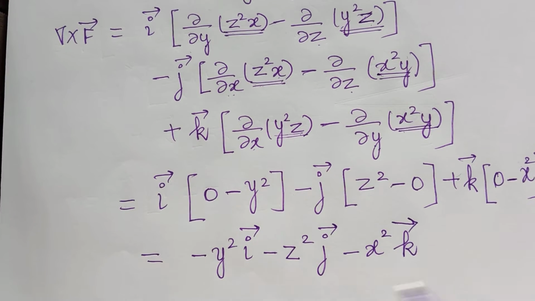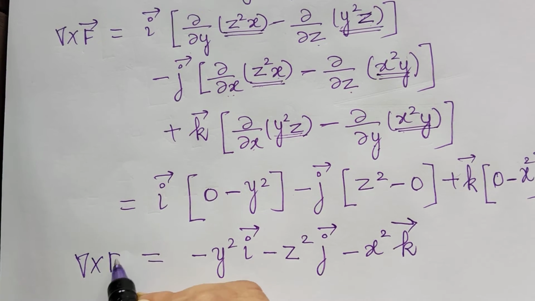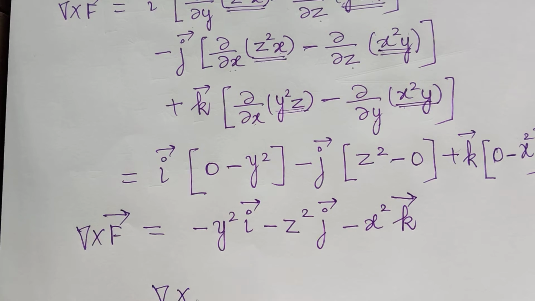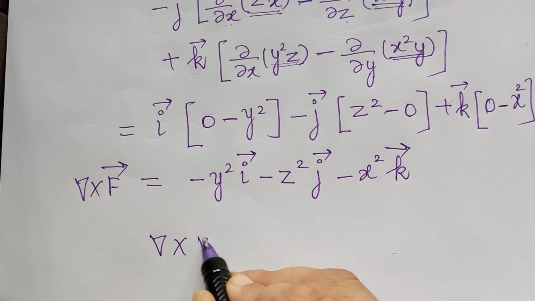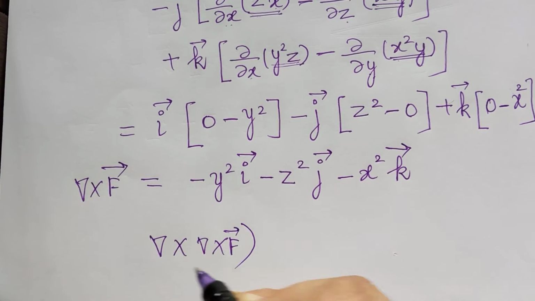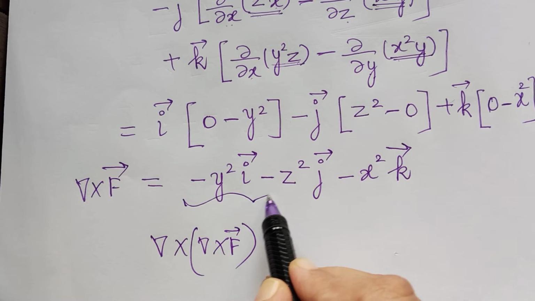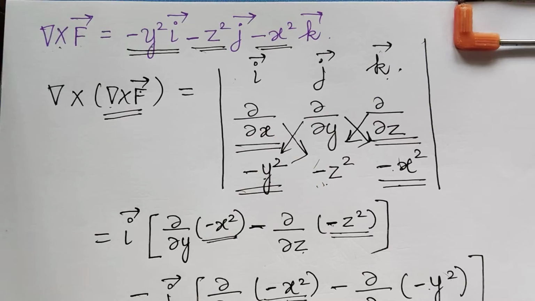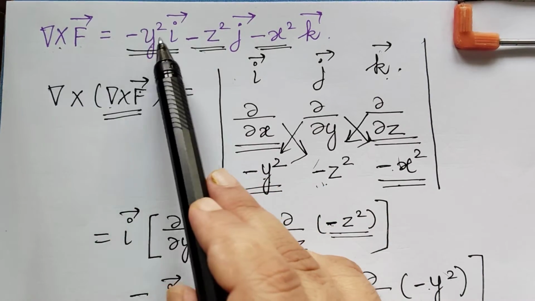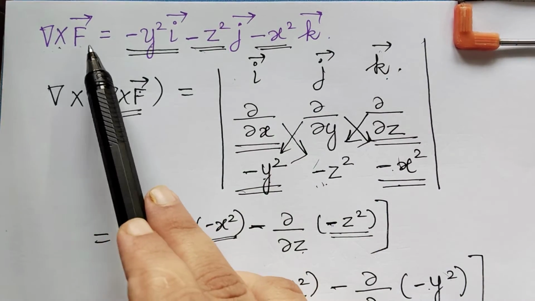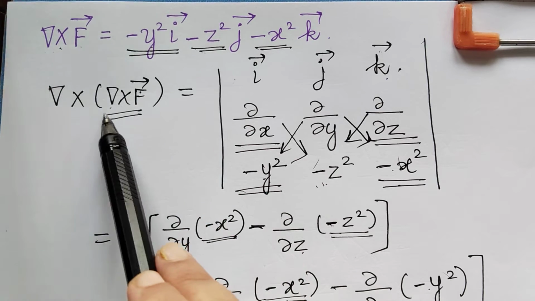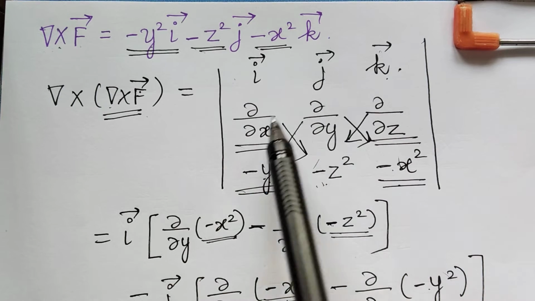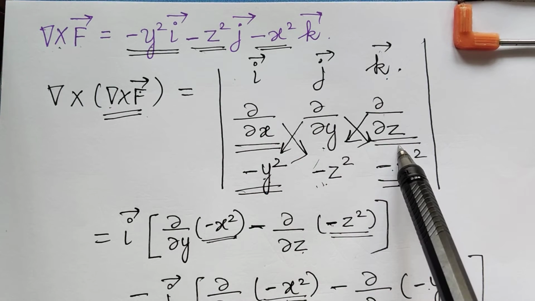So therefore, we have obtained nabla cross f vector. It remains to find nabla cross nabla cross f vector. So in order to find that, for this vector we have to take the cross product with nabla. I have written nabla cross f vector over here, and we have to find nabla cross of it. So we know that the cross product is given by i, j, k, dou by dou x, dou by dou y, dou by dou z.